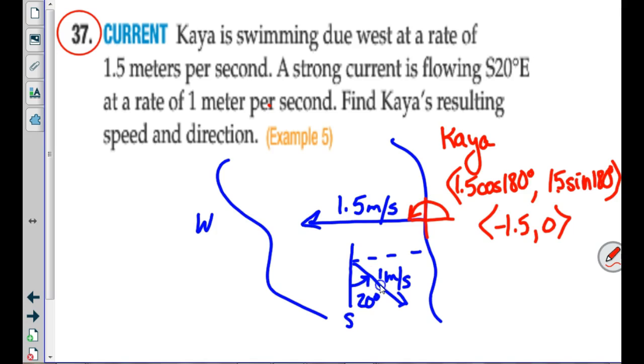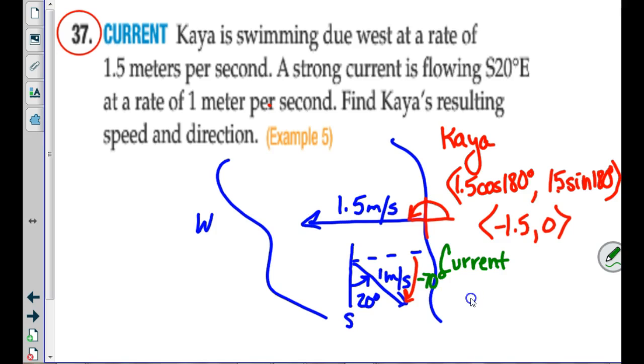All right, then this one, we need an angle off of x for the current, sorry. If it's 20 degrees towards the east off of south, that would be negative 70 if I wanted to call it off the x. I have to make it into the fourth quadrant, so it's going to be negative.